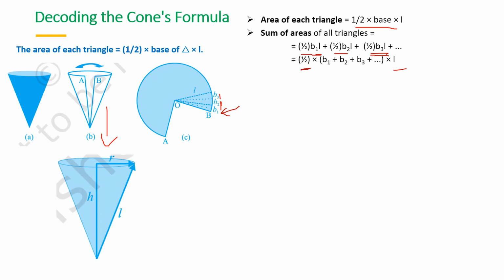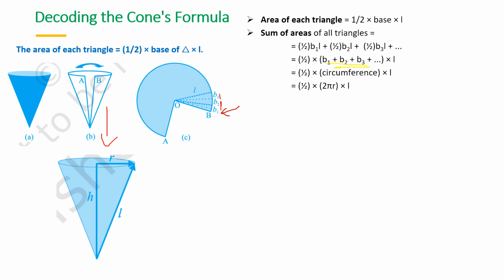I'll take half outside, L outside, and the remaining b1, b2, b3 becomes one bracket. Now b1 plus b2 plus b3.